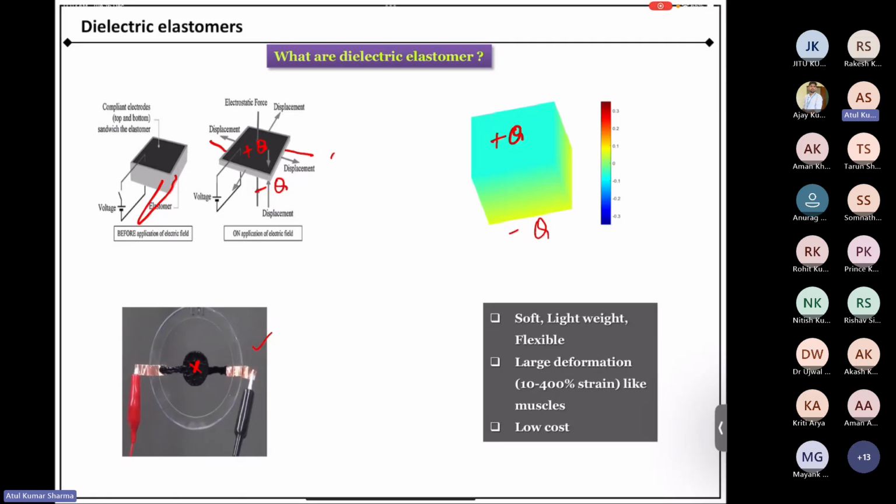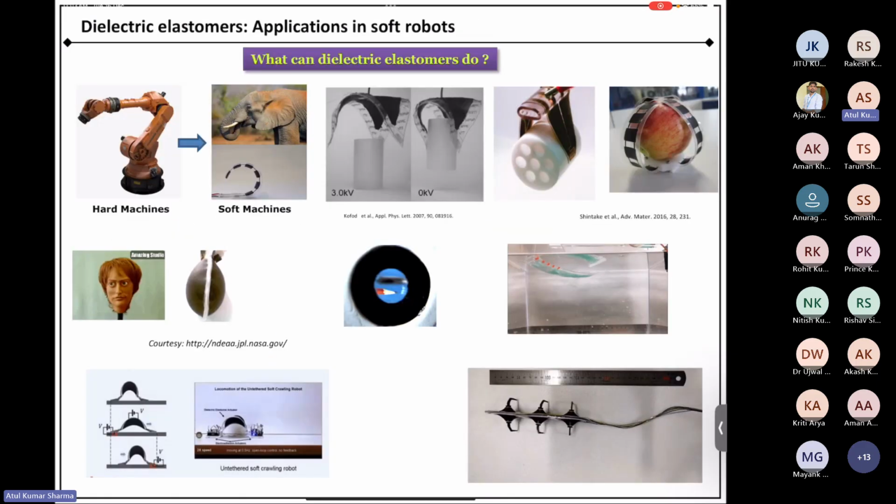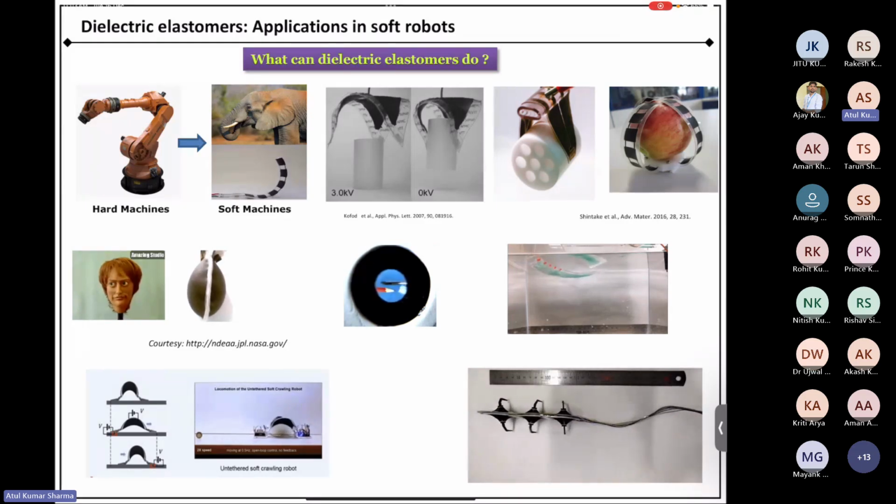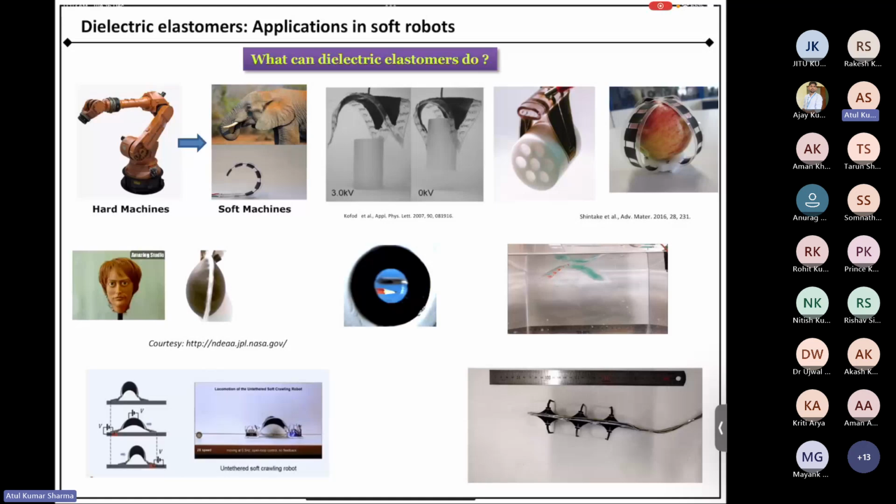These things have already been covered in the previous talk, so I'm not going into the detail. If we talk about the applications, one is in soft robotics, where you can see a gripper. This conventional gripper can be replaced by soft grippers.